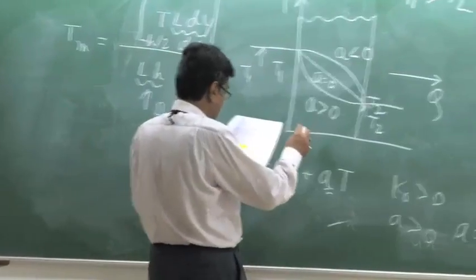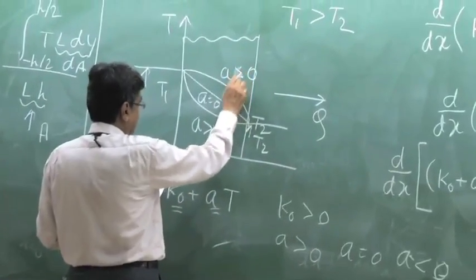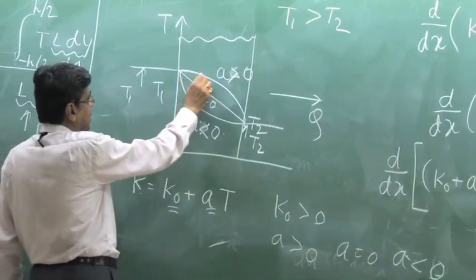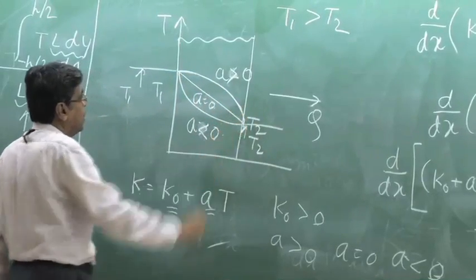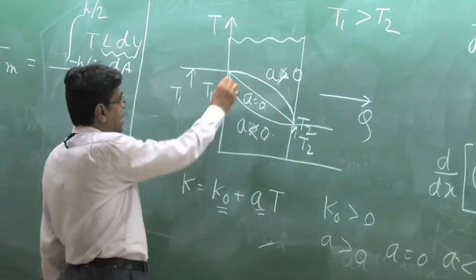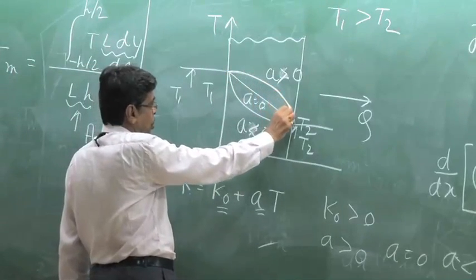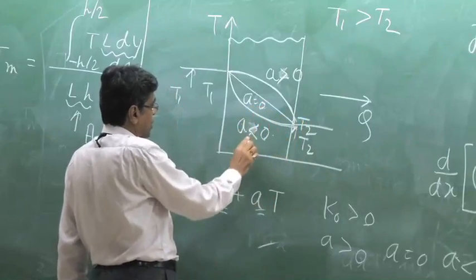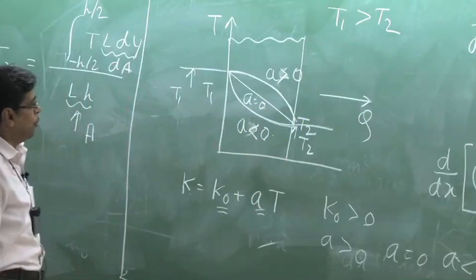Oh, sorry. I am extremely sorry. This is greater than this. In this case, the slope is decreasing. That means the curvature is negative. This is, sorry, this is convex. This concave shape is, I am sorry, again the slope is decreasing.